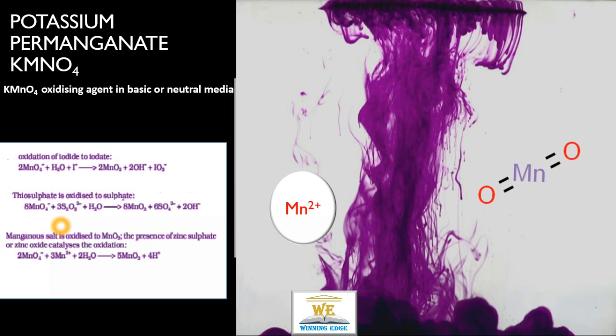Oxidation number of permanganate changes from +7 to +4, meaning a 3 electron change happens, and manganese 2 to 4. So we can say every mole of permanganate, which is 3, here it's only 2, can oxidize 1.5 moles of Mn2 positive, or 2 moles of permanganate will oxidize 3 moles of Mn2 positive.